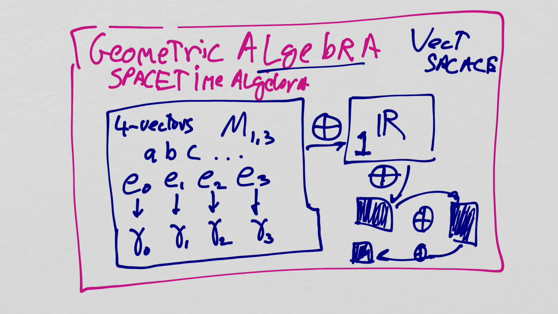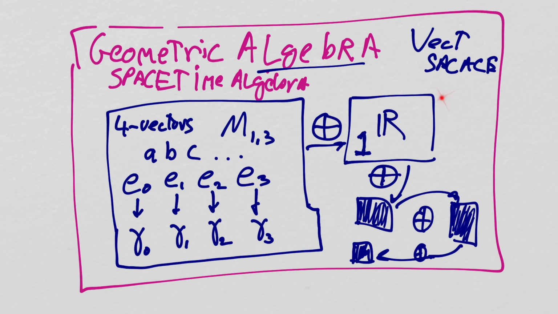This one will have 4 basis vectors. Yeah. And this one will have 6. So you have 1 basis vector, 4, 6, 4, 1. And for those of you who've studied with me about differential forms and the exterior algebra and the exterior calculus, those numbers will sound really familiar.